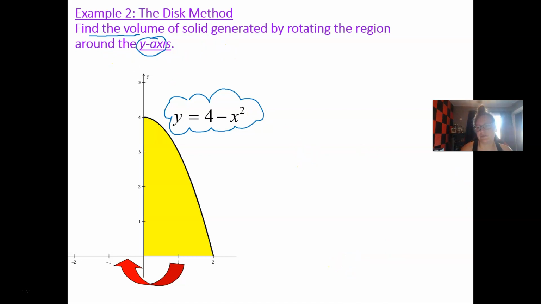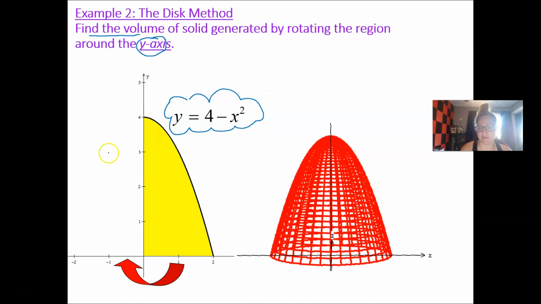Okay, so example 2, the disk method. Still doing disk method. When you take this region and you rotate it around the y-axis, it gives it that basket shape, like I already said. Here's your little handmade drawing. So if your region looked like that, you would reflect it over the y-axis.